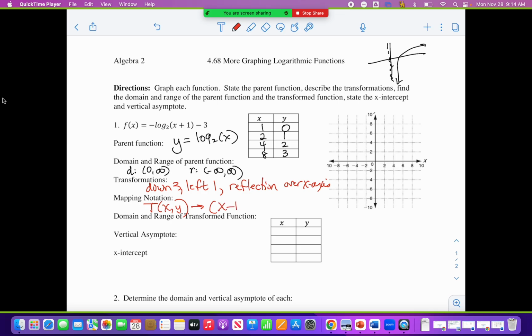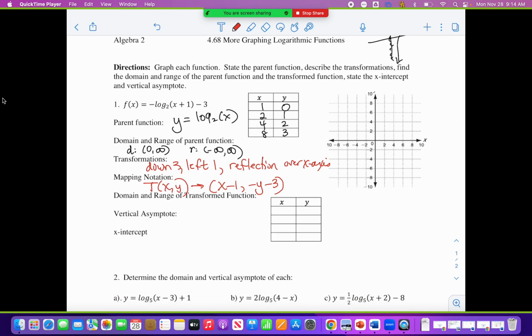Almost. The reflection over the x-axis means you replace y with negative y. So then, let's take our x values and subtract 1. We're going to take the opposite of the y and down 3.